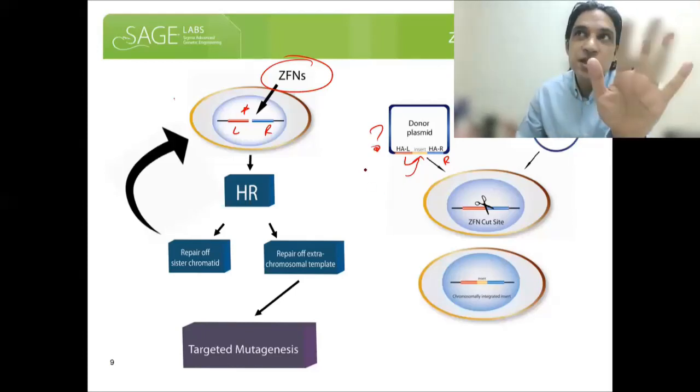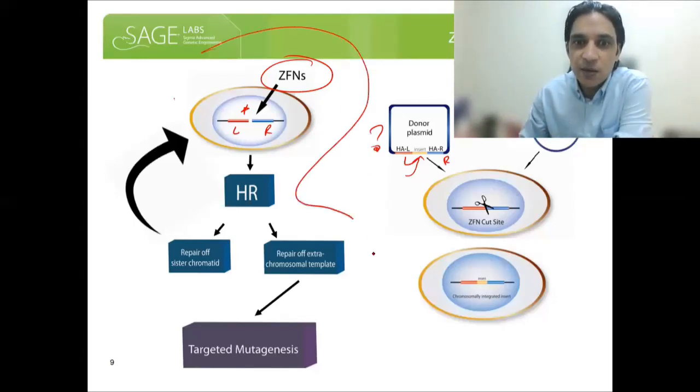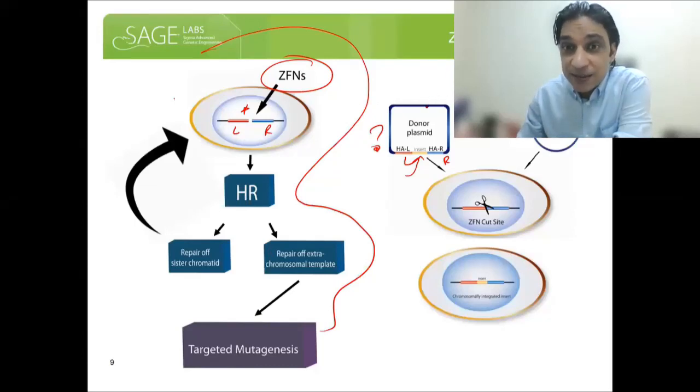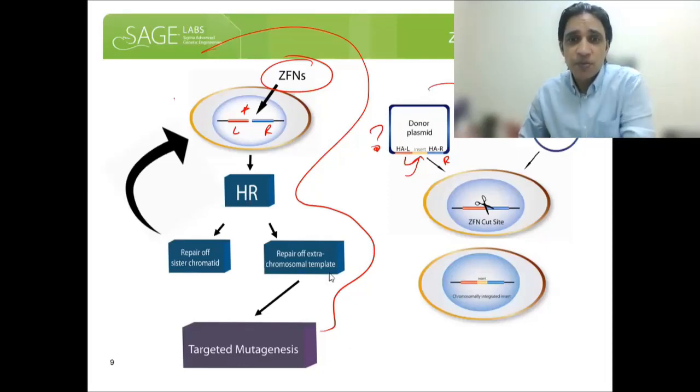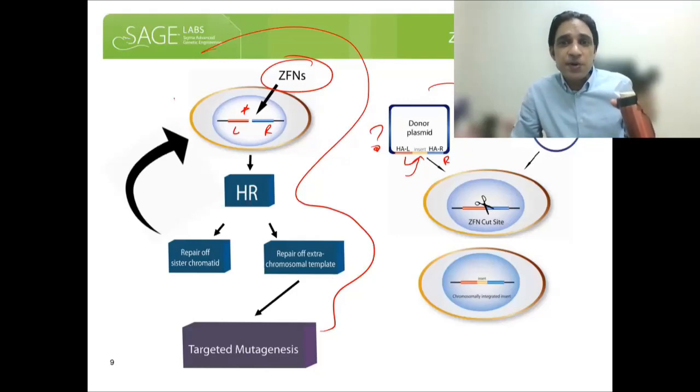Think about if the zinc finger nucleases are not there. In the absence of this, is it possible that this donor plasmid is going to be incorporated within the genome? Yes or no? Is even the slightest possibility there?